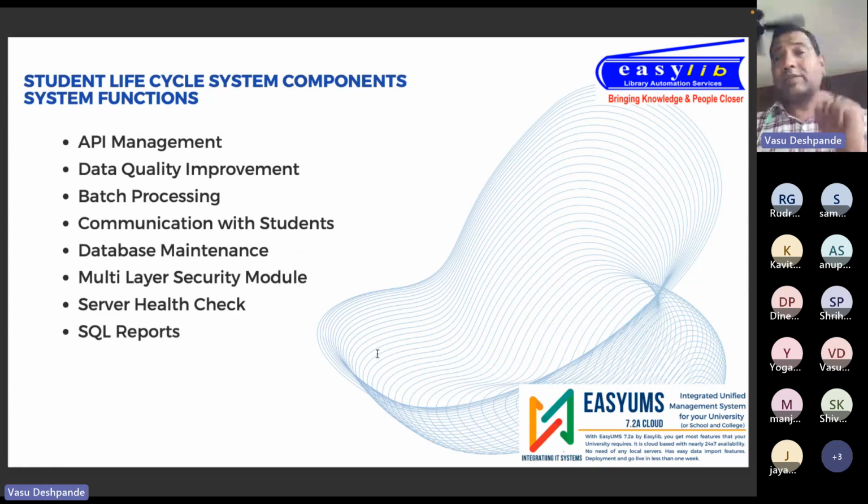Okay, and the last portion. The critical piece is the system functions. In student lifecycle management, the system functions play a big role. So what is the API thing? API stands for application programming interface. No system, however big it is, can do everything. So you need to talk to other systems, both because you may not have that function or because another party already has that information.